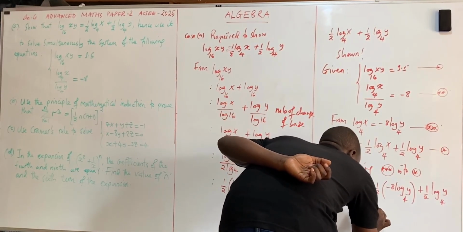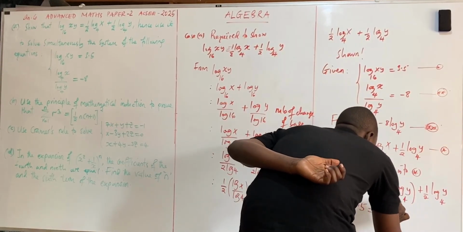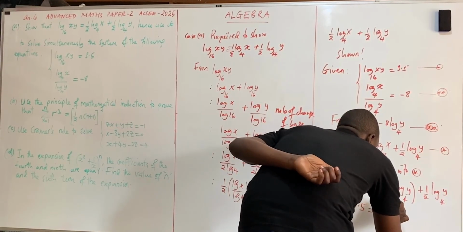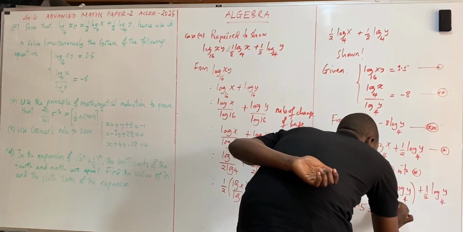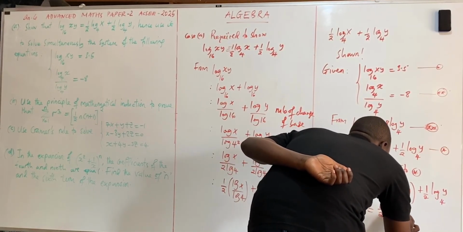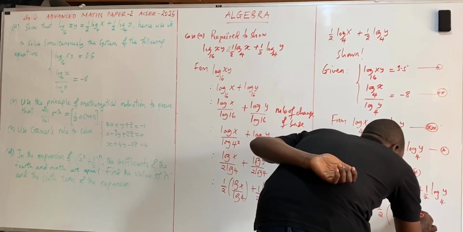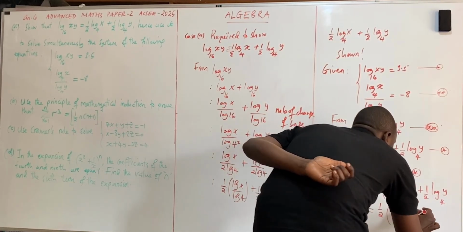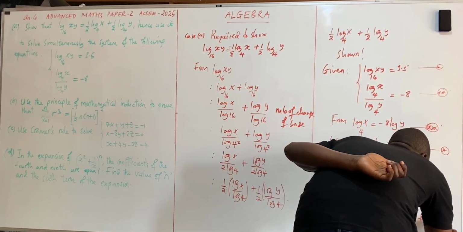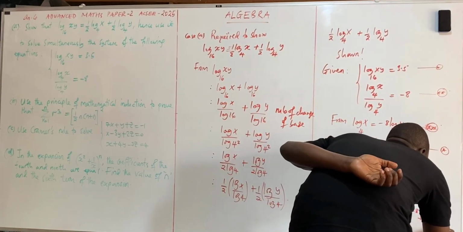So 3.5 equals, if we take 1/2 out, the remaining has log of y raised to -8, we apply the power rule, then we plus log of y to base 4.